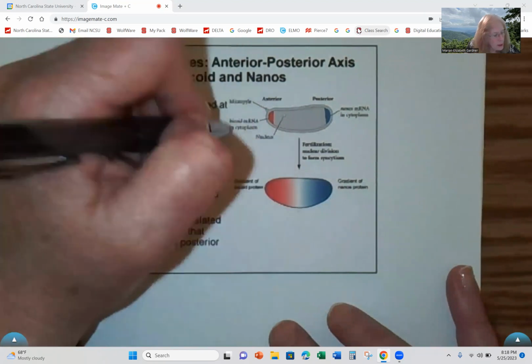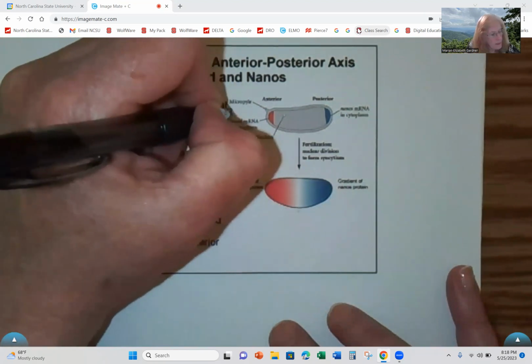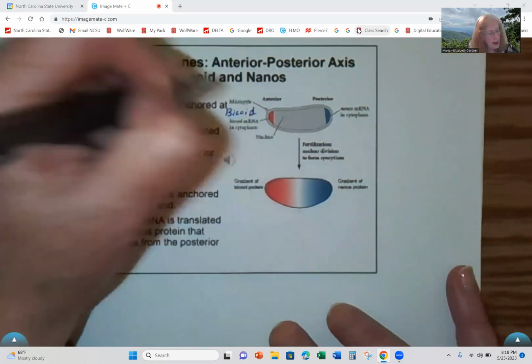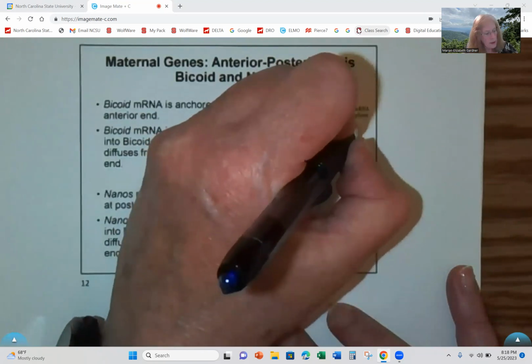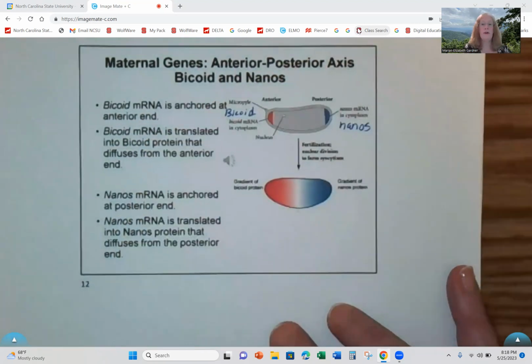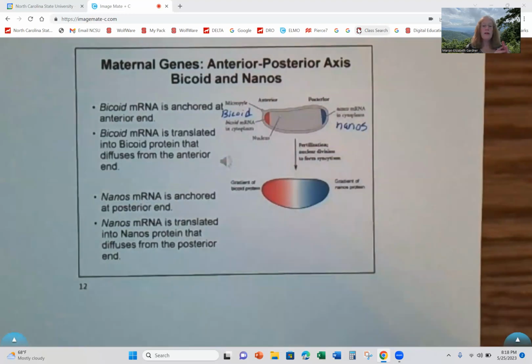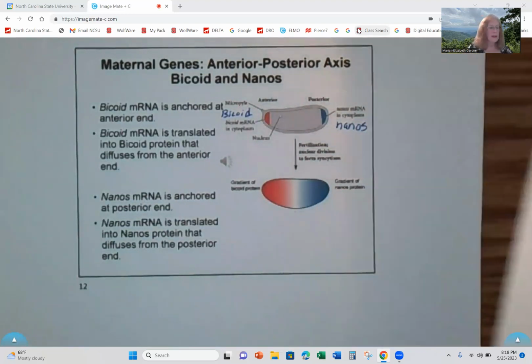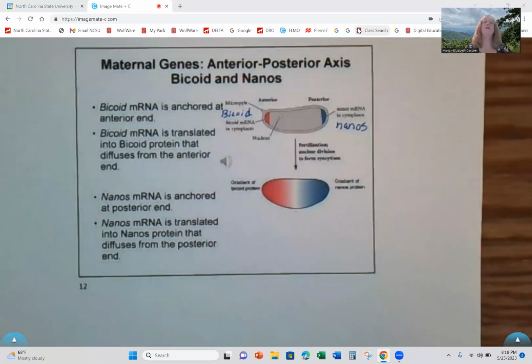So bicoid here, you can sort of see it. And nanos will be on the posterior end. And we actually have a gradient of expression. And these genes both influence action of other genes, including hunchback and caudal.